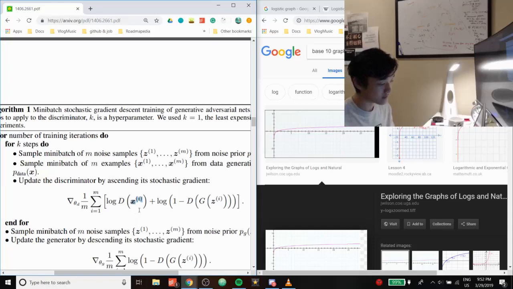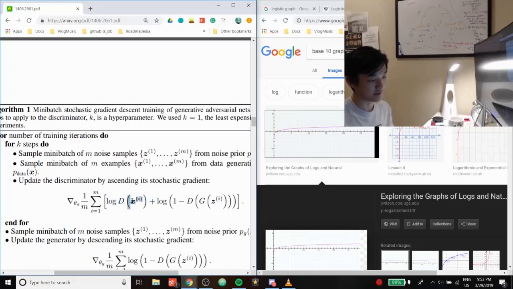If the discriminator predicts a 100% chance that it is from the original data, then this D of x is going to output 1, and log of 1 is 0. That basically says that if we put in a real example and our detector says it is 100% real, we don't need to update anything.